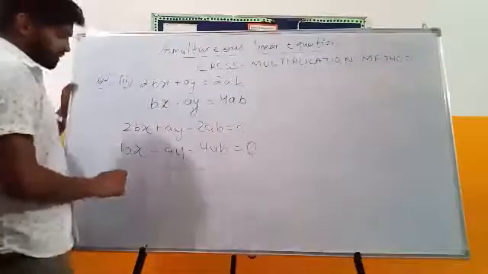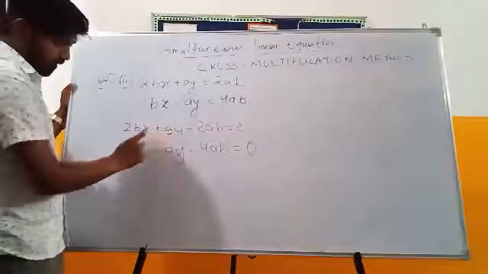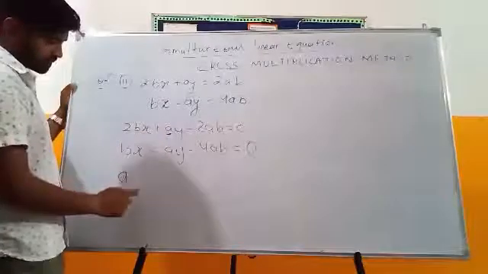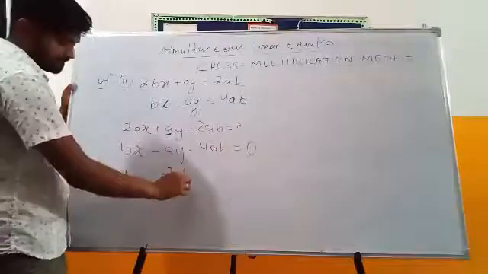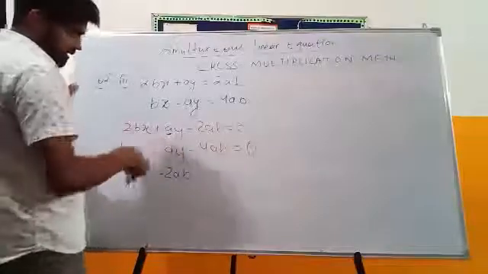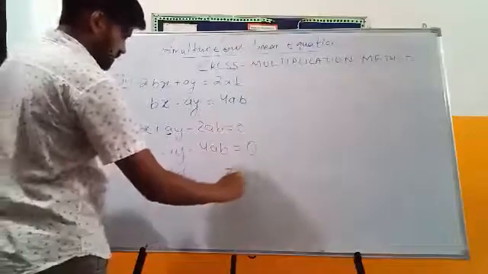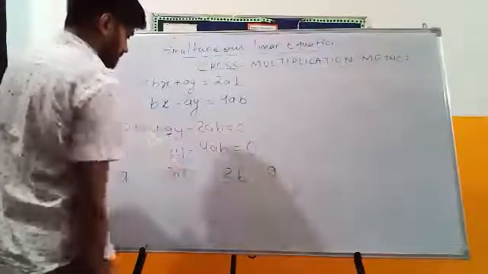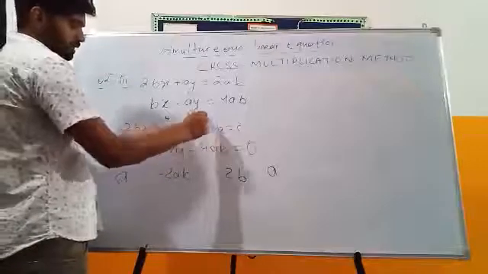Okay, so what do I write first? b1. Who's b1? Whoever is with y. So a, then minus 2ab, then a, 2b, and then again b. So you have to write in order. This is b1, this is c1, this is a1.